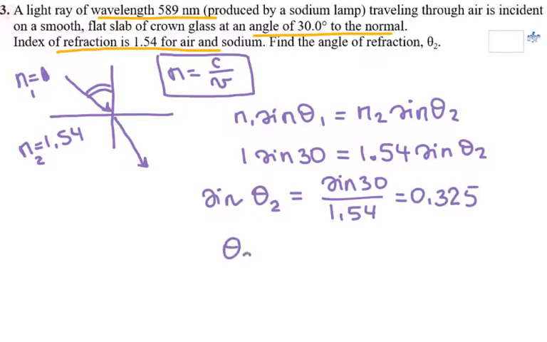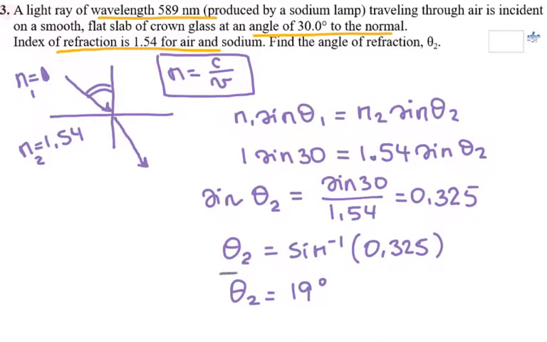If I'm looking for theta 2, I need to do arc sine. It's the one on your calculator with the -1. It doesn't mean the negative first power, it's the inverse function. So theta 2 is equal to 19 degrees. So you see that the angle of refraction is smaller than the angle of incidence because the medium that it's coming to is thicker than the one that it's coming from.